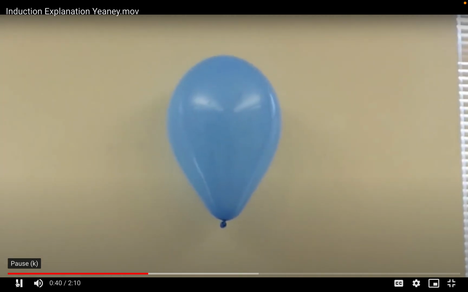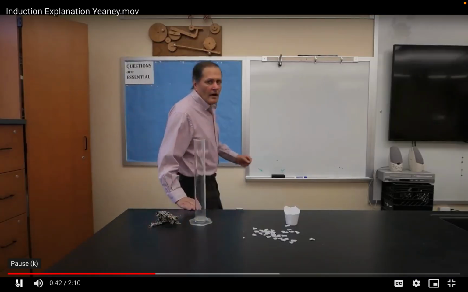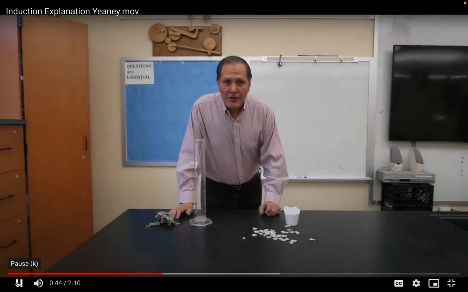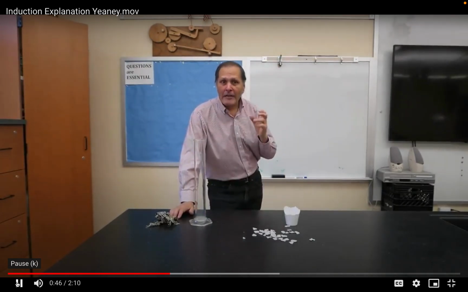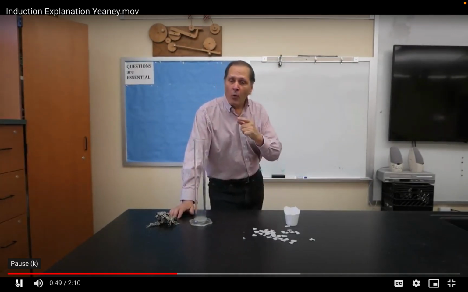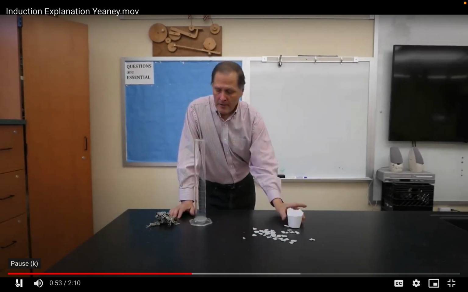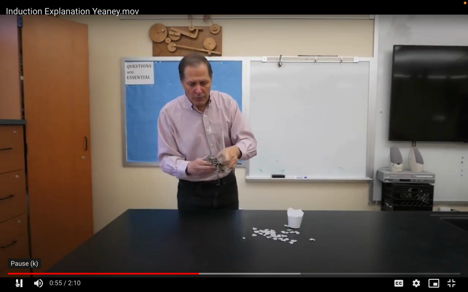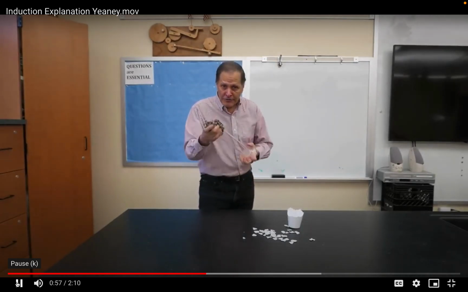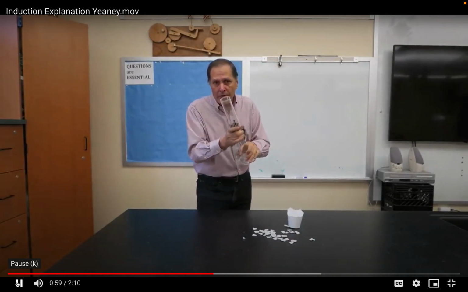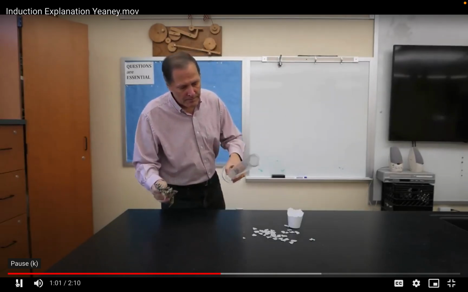So the question is, why is it staying there? The process is actually called induction. Now, when I rubbed that balloon on my hair, I gave it a negative charge, but the wall is actually an insulator, much like the styrofoam cup is. Now, if I take this glass and I rub it with Orlon, I'm going to give it a charge, and watch what happens when I bring it near these small pieces of foam.